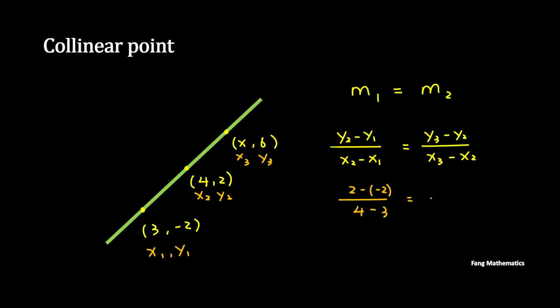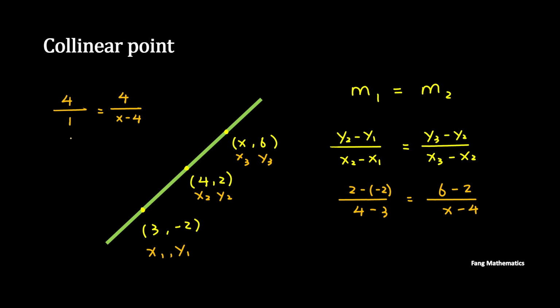And on the other side, you should start from y3 as 6 minus 2 over x minus 4. Let's simplify the equation. I believe you should have 4 over 1 is equal to 4 over x minus 4.